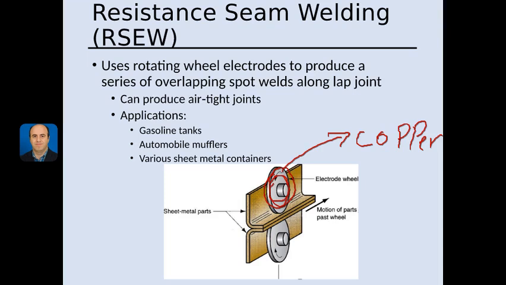And this process can make a spot weld continuously between the two sheet metal. So it's good for sealing purposes. So that's why they use it for the gasoline tank, automobile muffler, and other metal containers.